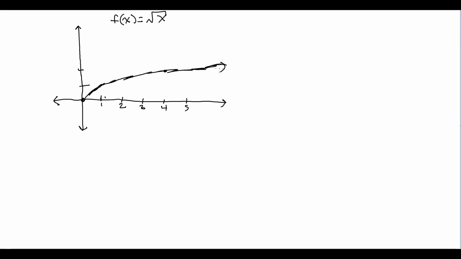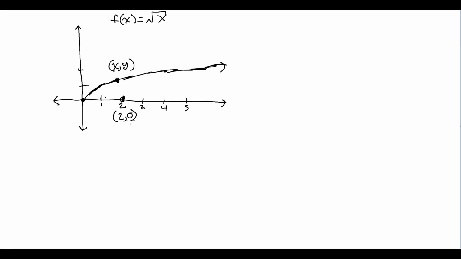Okay. Now, given the point (2, 0), what is the closest point (x, y) to the point (2, 0) on the graph of f of x equals square root of x?